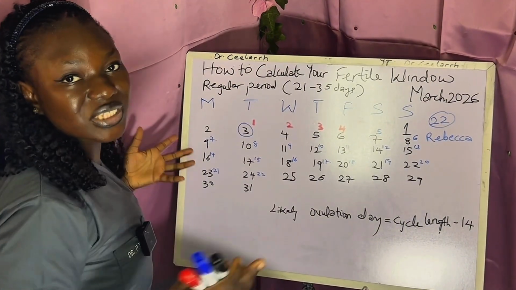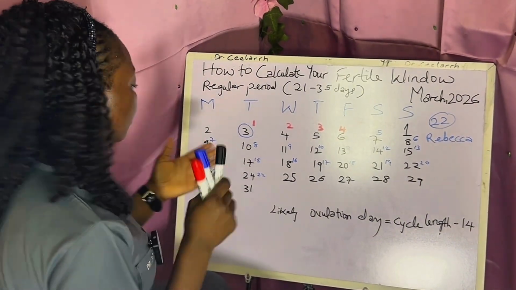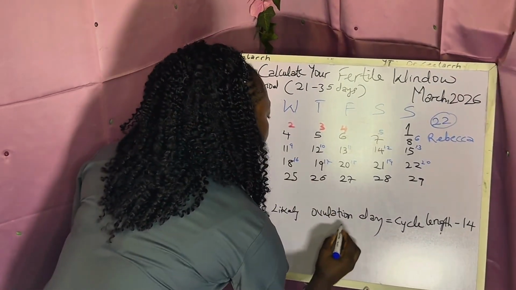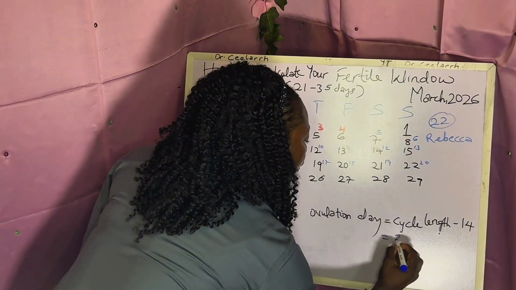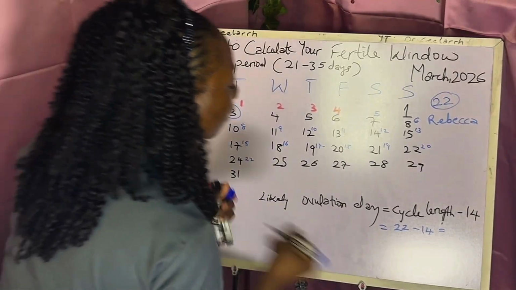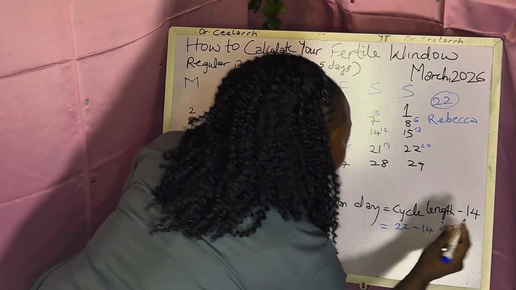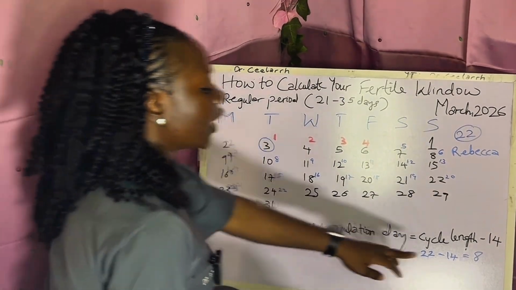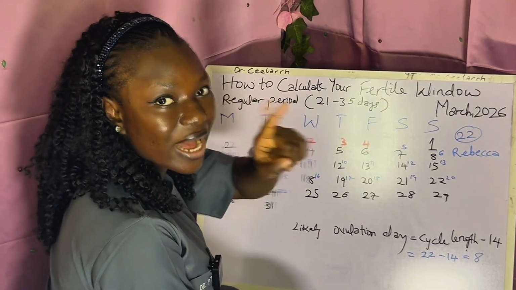22 minus 14, what do we have? Who will give us the answer? Likely ovulation day equal to cycle length 22 minus 14. So the answer is what? 8. So because her cycle is longer than the previous one, have you seen that the answer has shifted by 1?